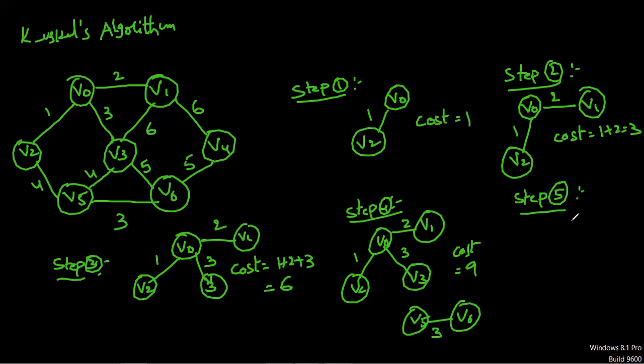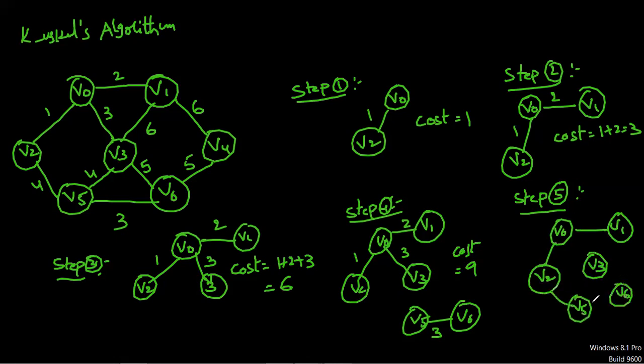And coming to the fifth step, the next minimum cost is V2 to V5, that is cost 4. First we construct the previous step edges, V5, V1, V3, V2 to V5 with the costs 1, 2, 3, 3 and 4.